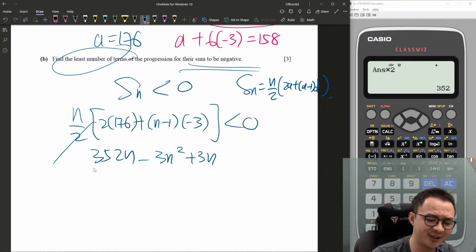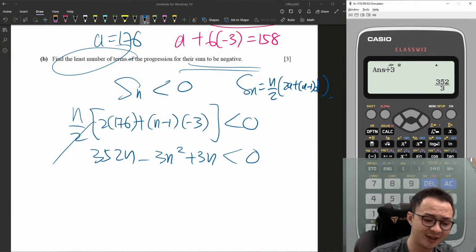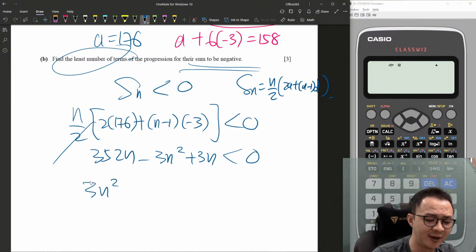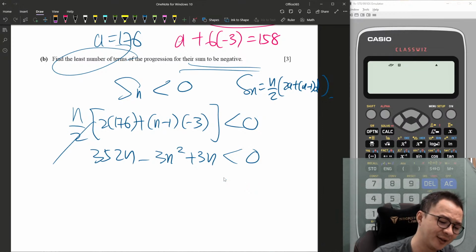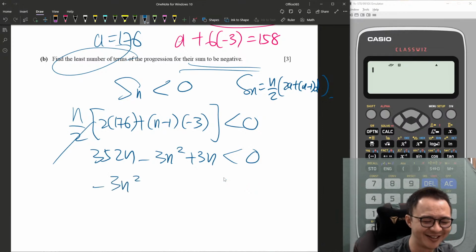You should see this is a quadratic. Can this number be divided by 3? No. Okay, so I multiply negative for the whole equation. This one has the n also, so I will just group them together. So this is 3n squared. Never mind, I just add first, 352n plus 3n, 355n, less than 0.